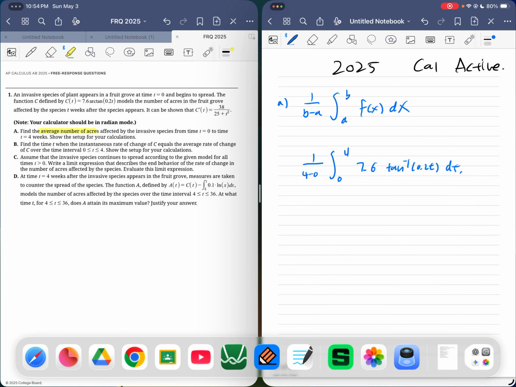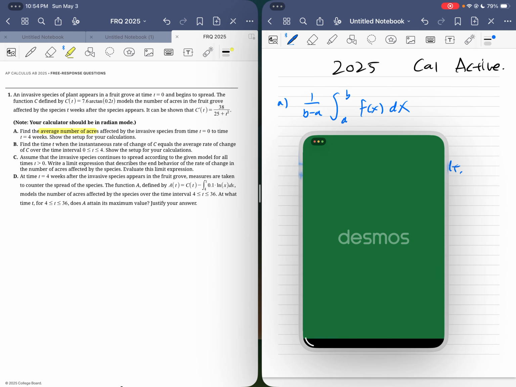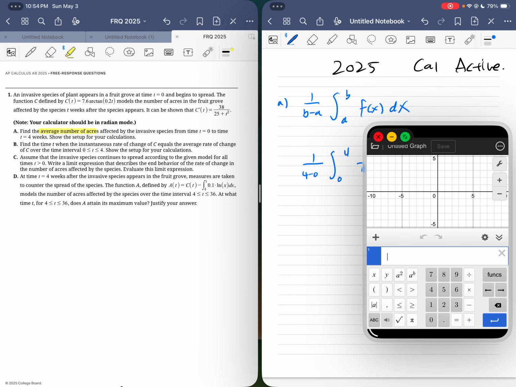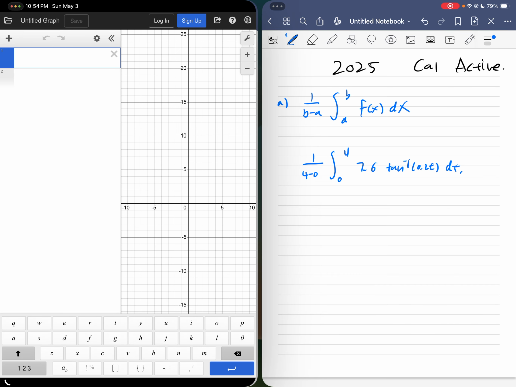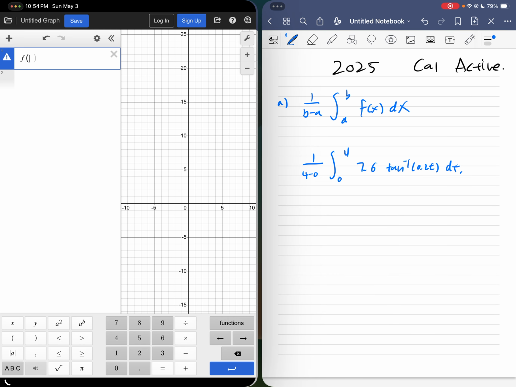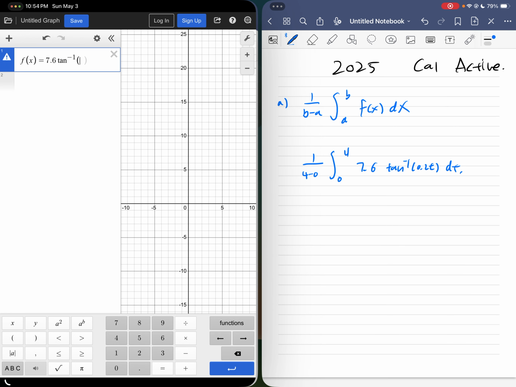That's the only thing that you really need to plug into the calculator. For our own good, I'm going to set f of x equals 7.6 arctangent of 0.2 x. All right.